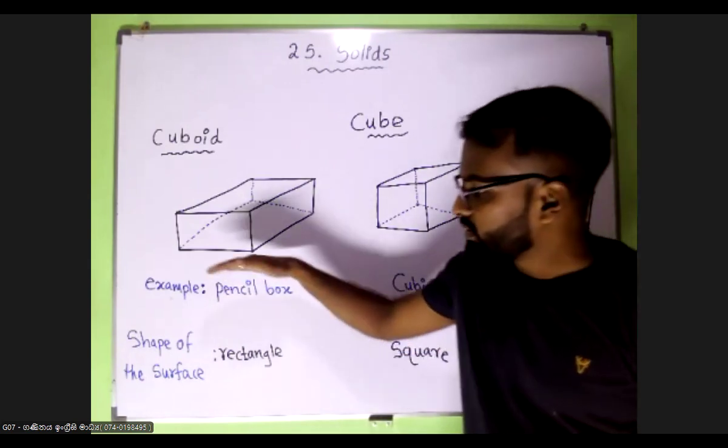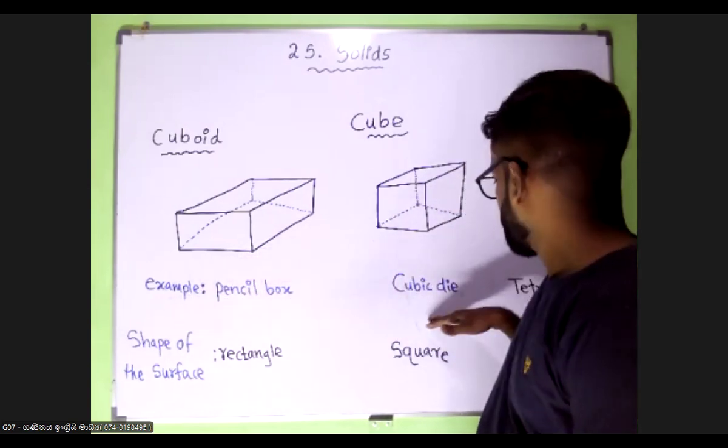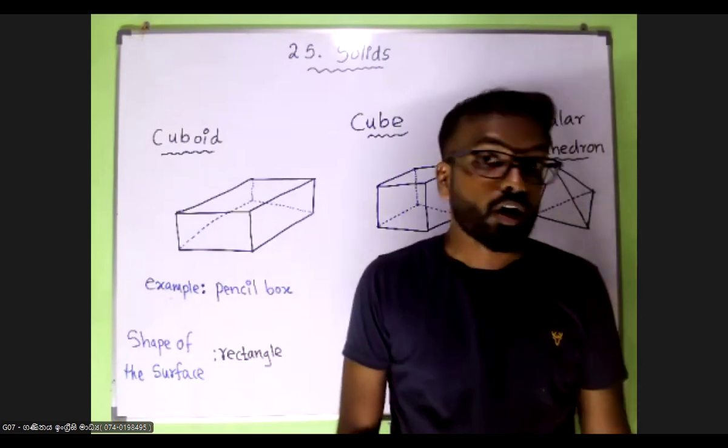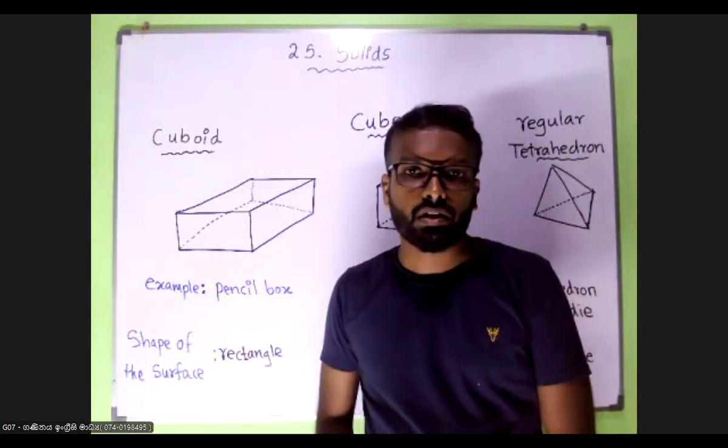So Uday, please write this example: cubic die, tetrahedron die. You saw the shape. You can write it in the table as well.